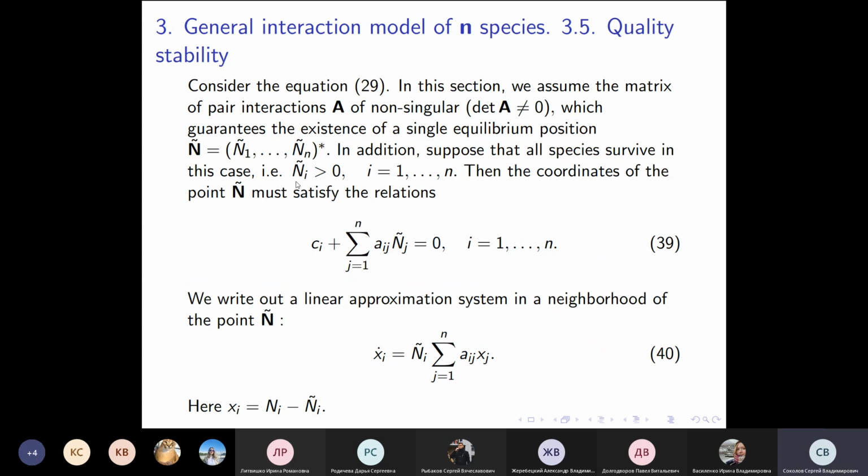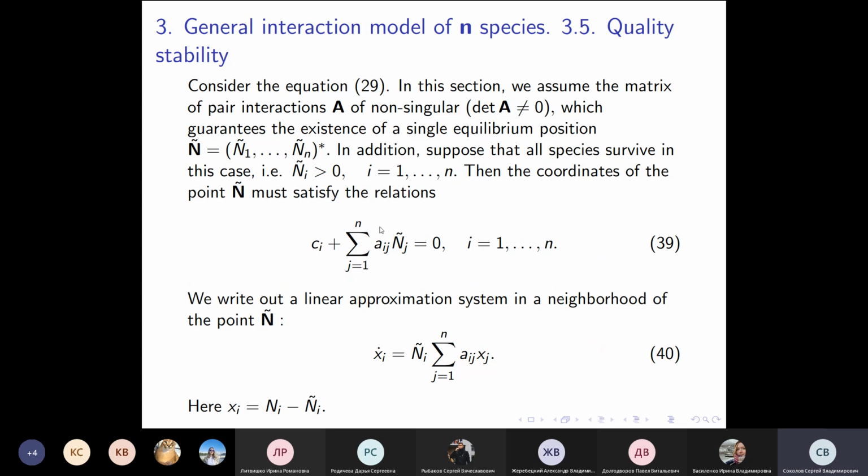Usually, if they do not survive, we can consider another system, with the extinction of those species that did not survive, and we consider a smaller equation.